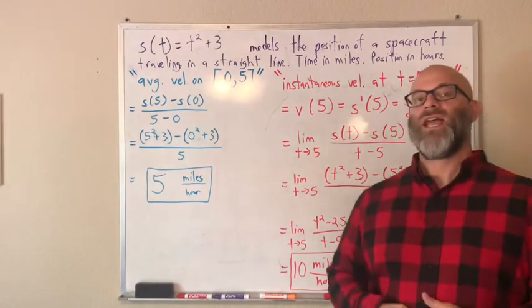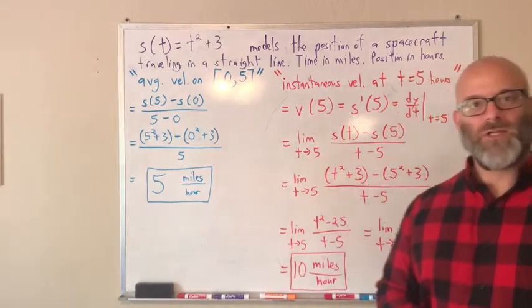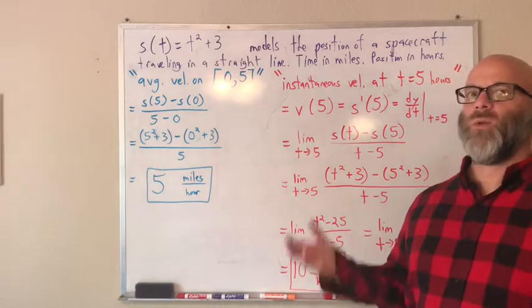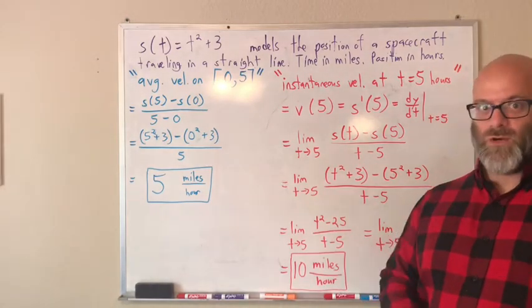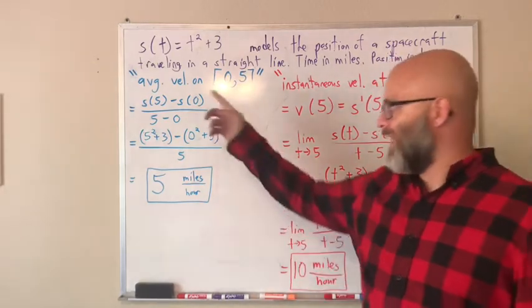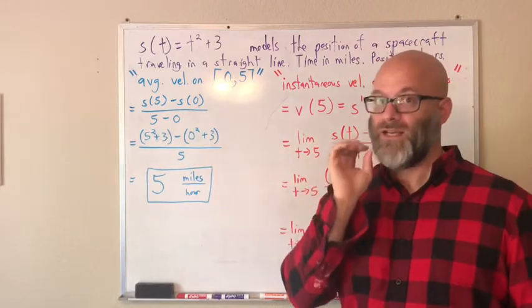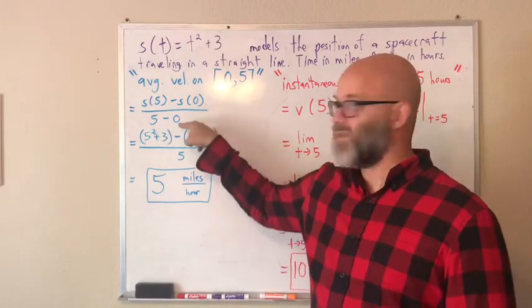All right, if I asked you to calculate the average velocity of this ship over a time interval, can you do that? Of course you can. We're using the what? The difference quotient. So the average velocity on time 0 to 5 is s of 5 minus s of 0 over 5 minus 0. You only need 2 points to calculate an average velocity. Here's 1 point, 0, s of 0.